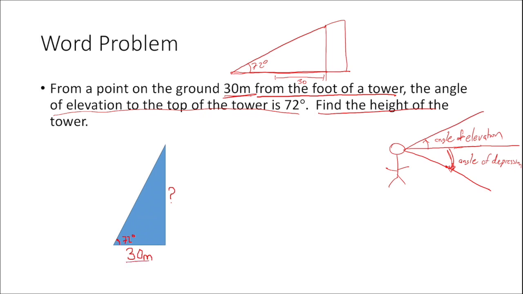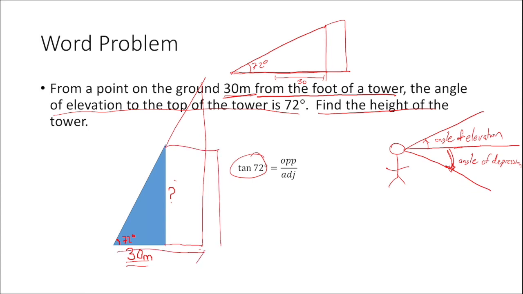Well, I have an adjacent and I want my opposite, and I have an angle. So tan of 72. Tan of 72 is the same for all angles with 72 degrees, right? Even if this was 60, the ratio would be the same.